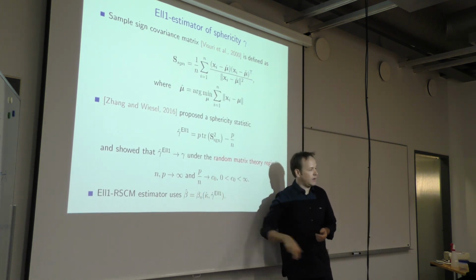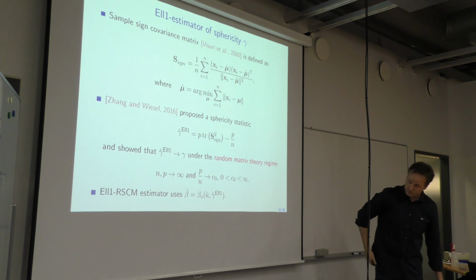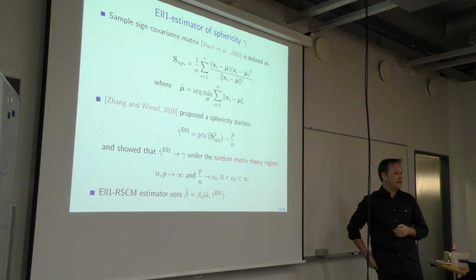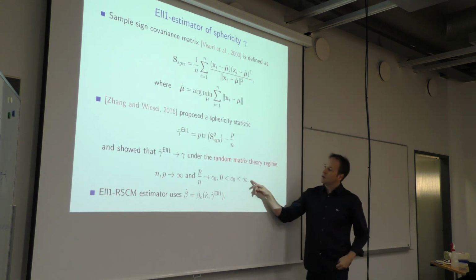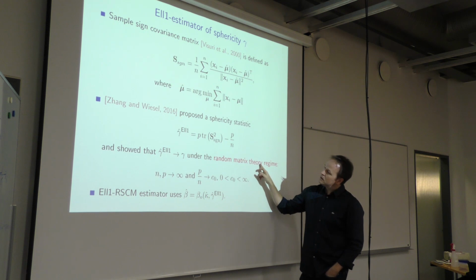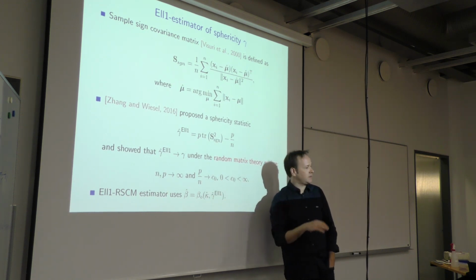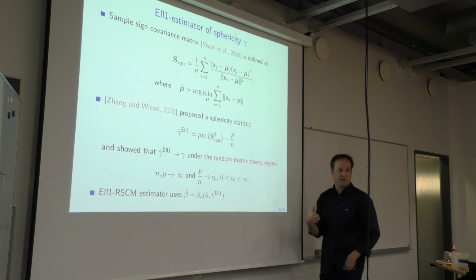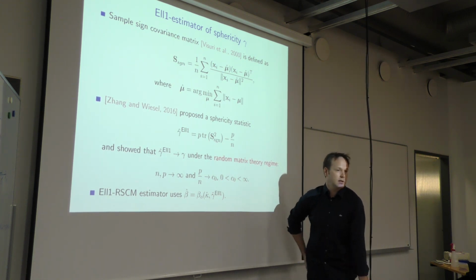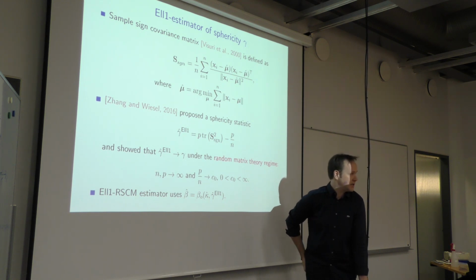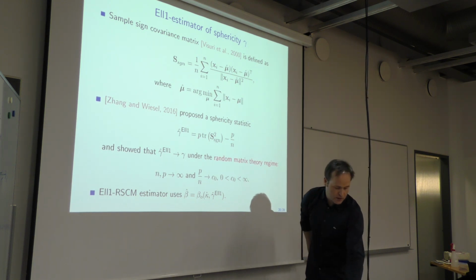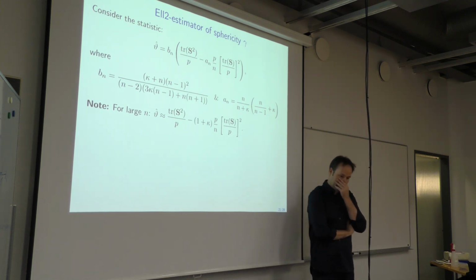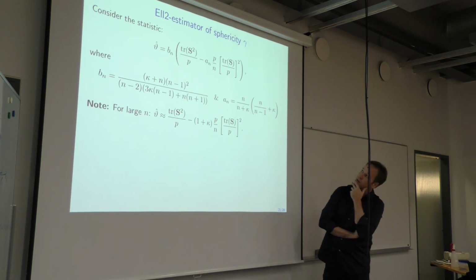Which is the case when P and N, so the dimension and the sample length, go to infinity at the same rate. This is actually the regime that we are interested in, because we don't believe that we have a lot of samples, and even if we had a lot of samples, then maybe you don't really need regularization like this. So that's one estimator. Then we propose another sphericity estimator, which is given here.